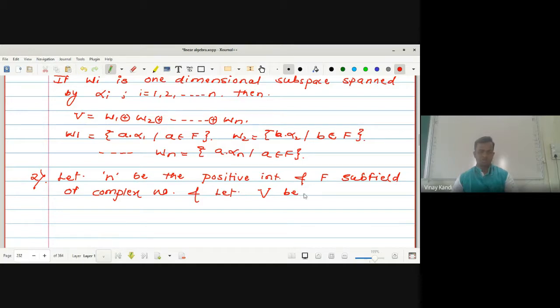Let V be the vector space of all n cross n matrices over F. What is the possibility of F? It may be complex numbers, real numbers, or rational numbers. Subfield means that. So this is a matrix over F.